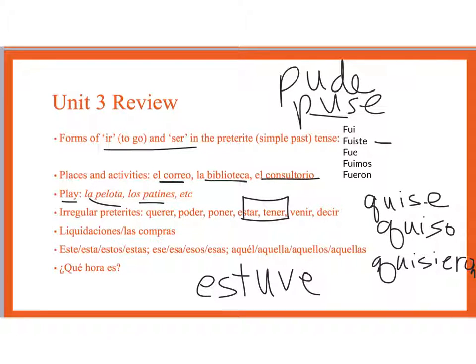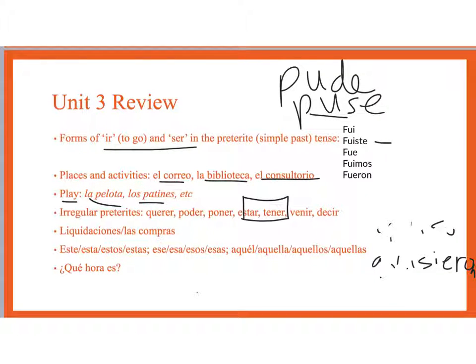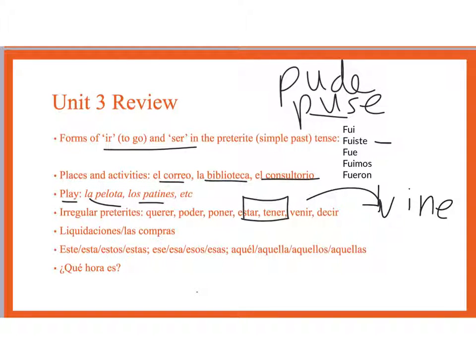Okay, venir is a little bit weird. Let me just erase some of this for you. Venir is vine. That means I came. Vine, vino.